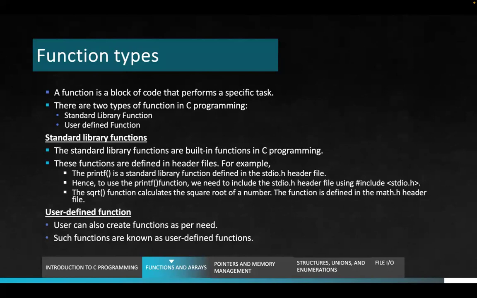Next, another function is square root. Sqrt is a function that calculates the square root of a given number. It is present in the math.h header file. So how will a person new to C understand or know what the inbuilt standard functions are? They are already listed in the standard library function toolkit present in your installation directory.